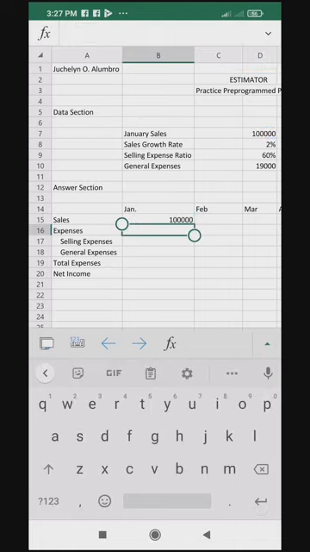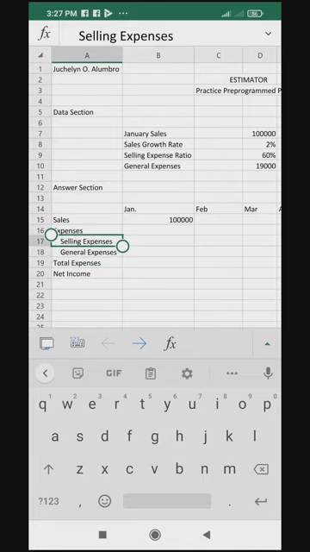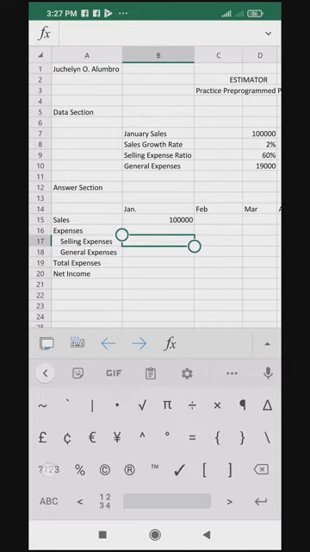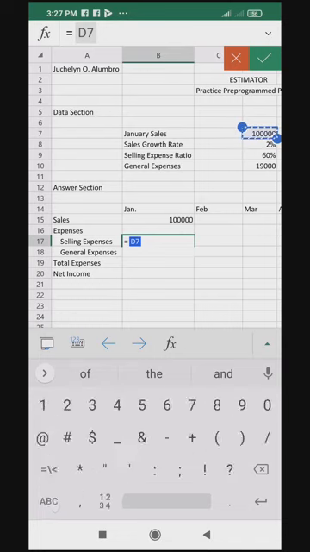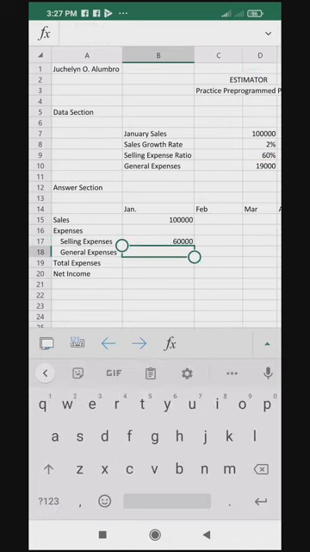And the expenses consist of selling expenses and general expenses. The selling expenses is equal to D7 times D9, equal to 60,000.